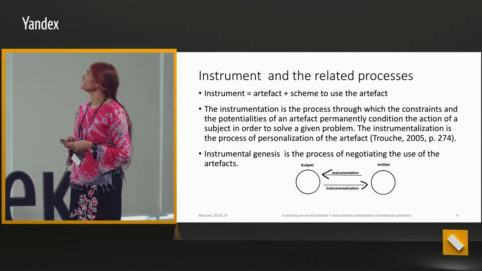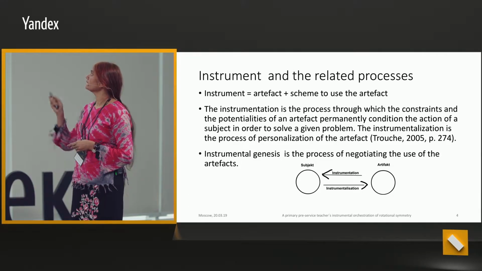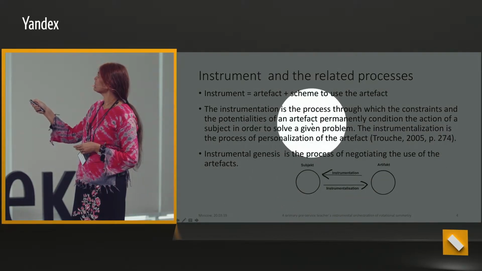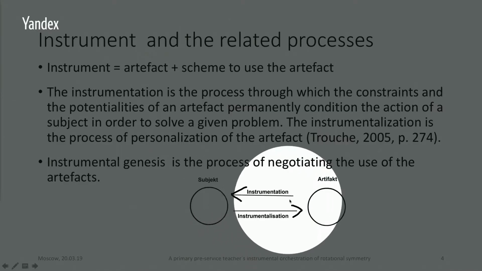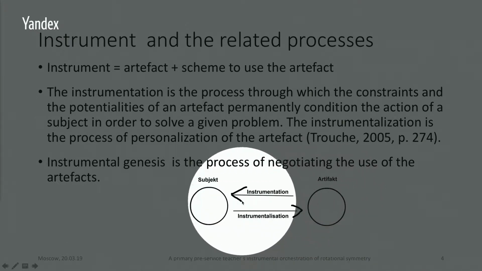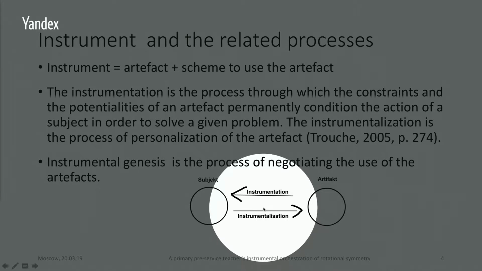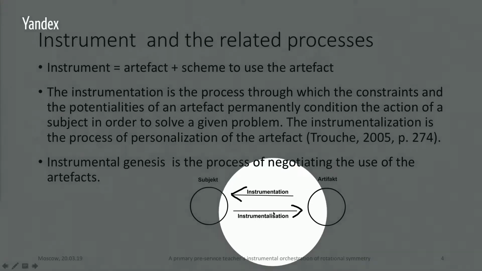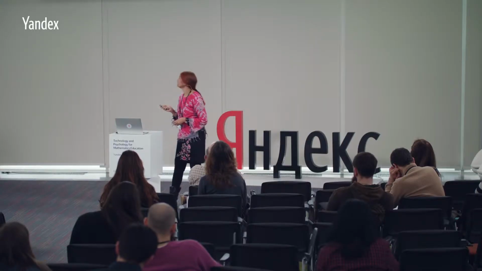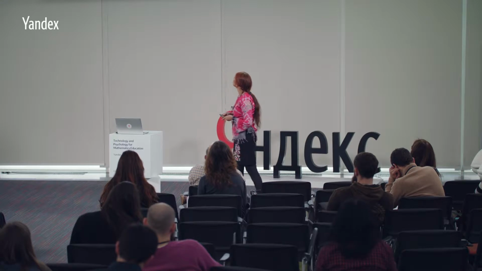Here, instrumental genesis is the interaction between subject and artifact. There are two processes involved here, instrumentation and instrumentalization. Here I use the word instrumental orchestration.